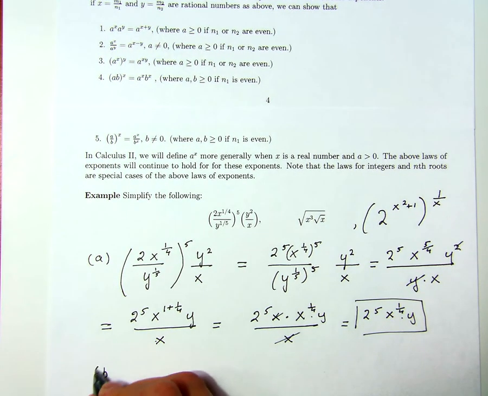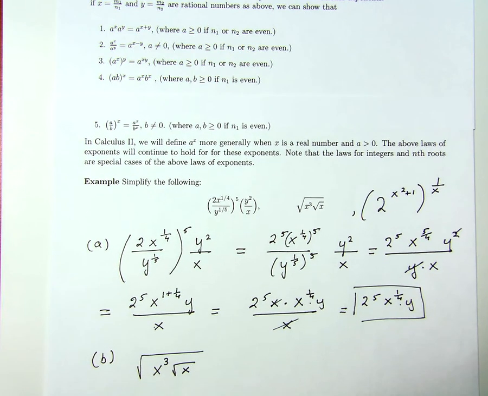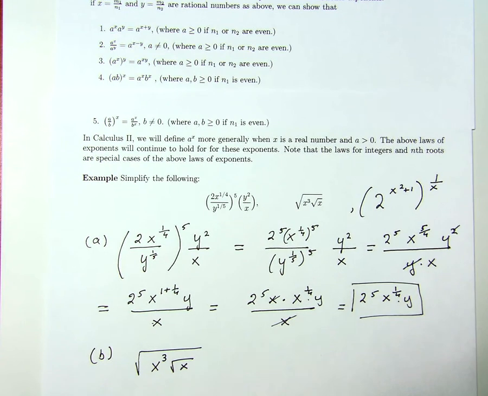And now let's try B. Sometimes people find these nesting square root signs a little confusing, so that's why I've included this example here. And the first thing I'm going to do is convert this thing to a power so that I can see clearly what's going on.